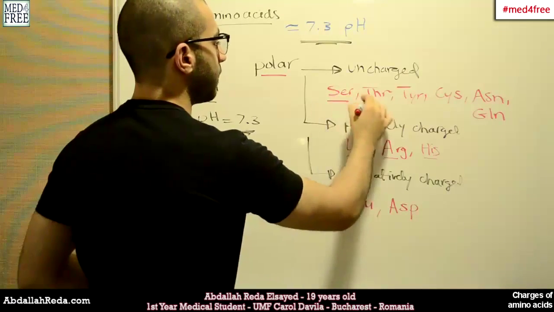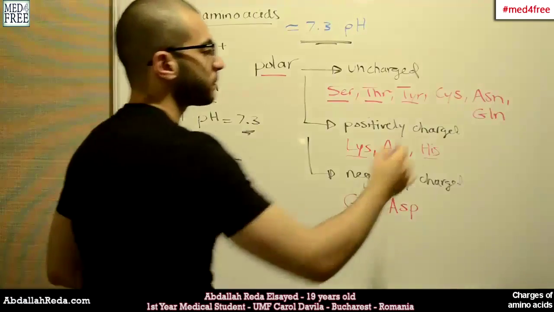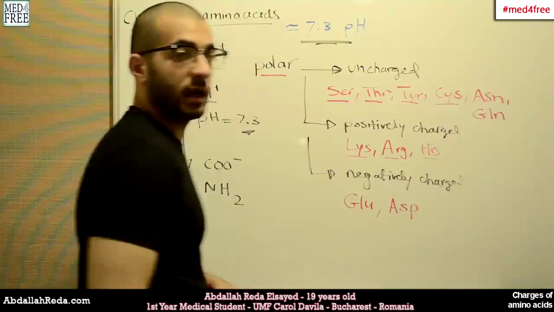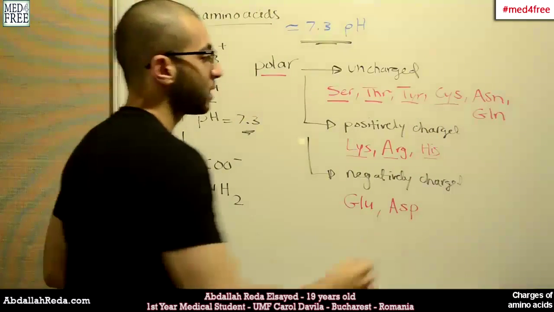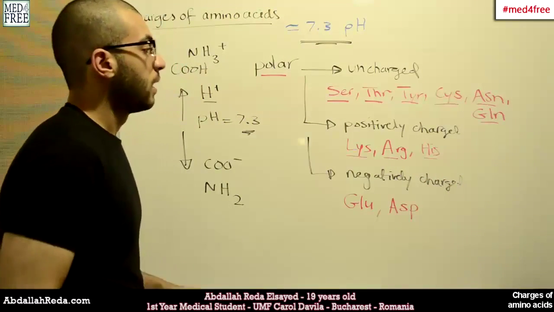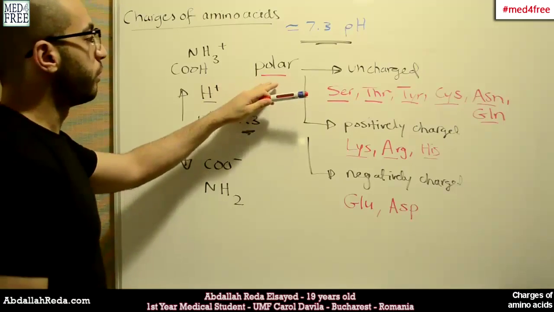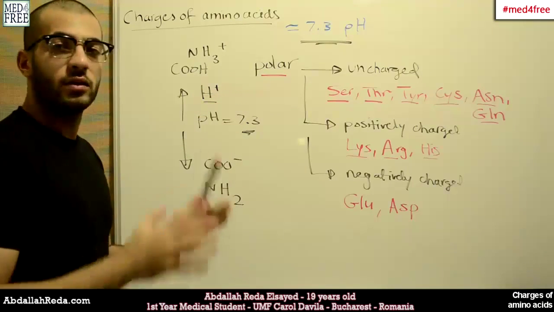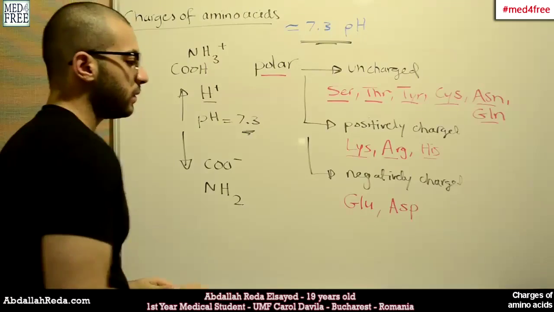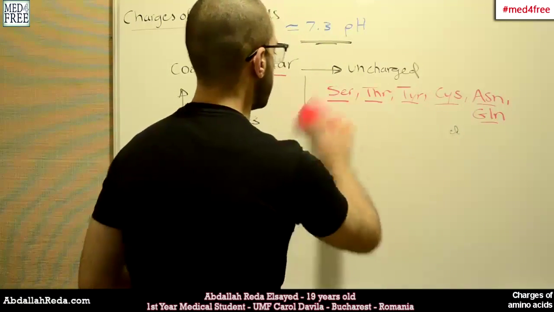Serine, threonine, tyrosine have a hydroxyl group, OH. Cysteine has a thiol group, an SH. Asparagine and glutamine have an amide group. So these are the polar amino acids that are found on the surface of the peptide chain molecules or formations.